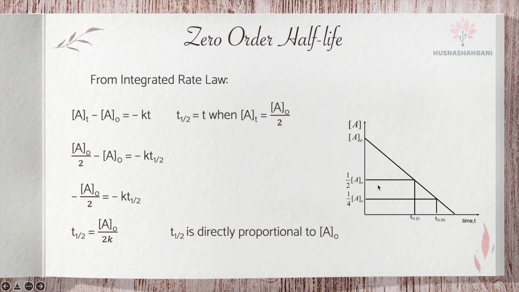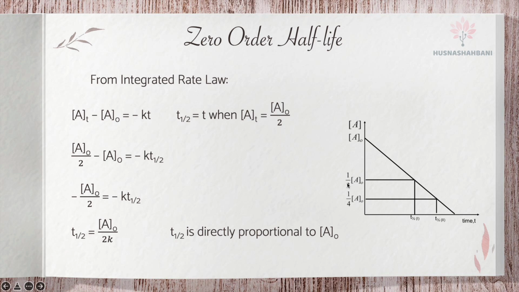This is the graph. The first one, before the reaction starts, we have the initial concentration of reactant A, and then divided by 2 when the concentration of reactant A becomes half. That's our half-life, the first half-life.